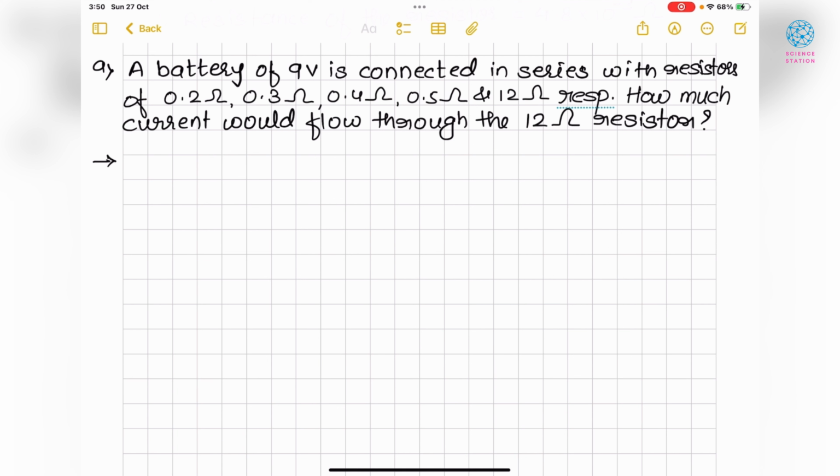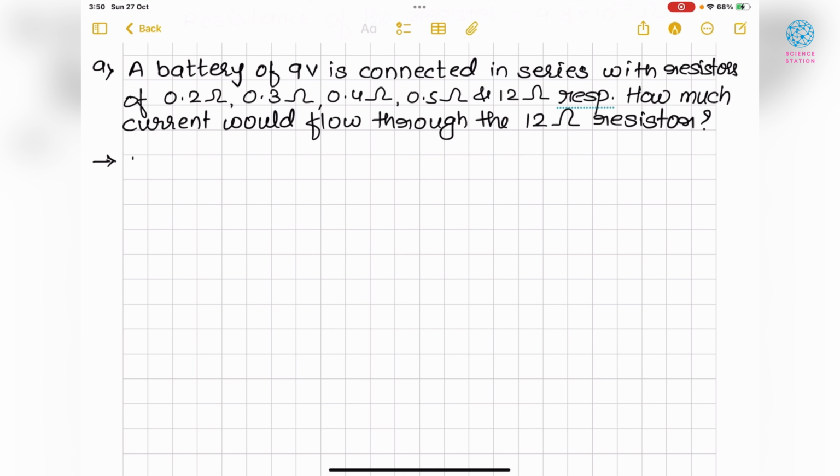Now, 9th numerical says a battery of 9 volt is connected in series with resistors of 0.2 ohm, 0.3 ohm, 0.4 ohm, 0.5 ohm and 12 ohm respectively. How much current would flow through the 12 ohm resistor?